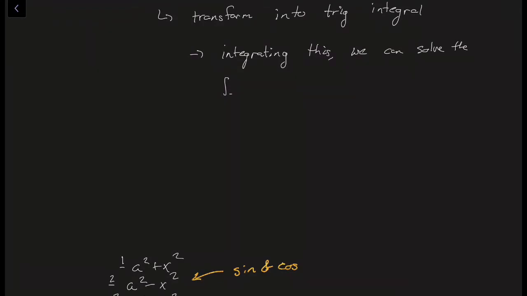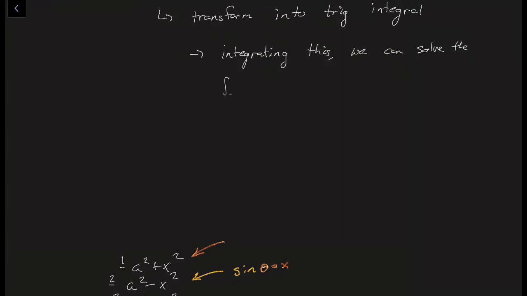Now, there are three types of integrals. There are the types with a squared plus x squared in them. There are the types with a squared minus x squared in them. And there are the types with x squared minus a squared in them. So you might have noticed there's sine and cosine, which is what's going to appear in part 2 if we have that form, and we're going to let x equal a sine theta.